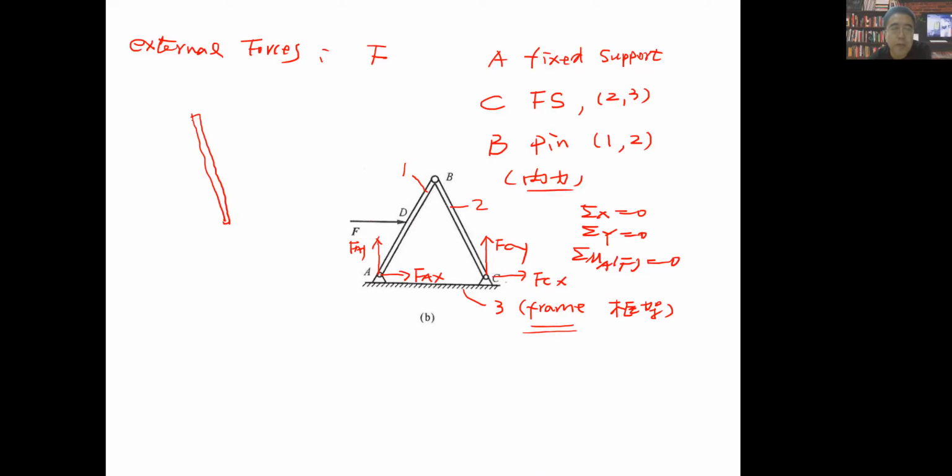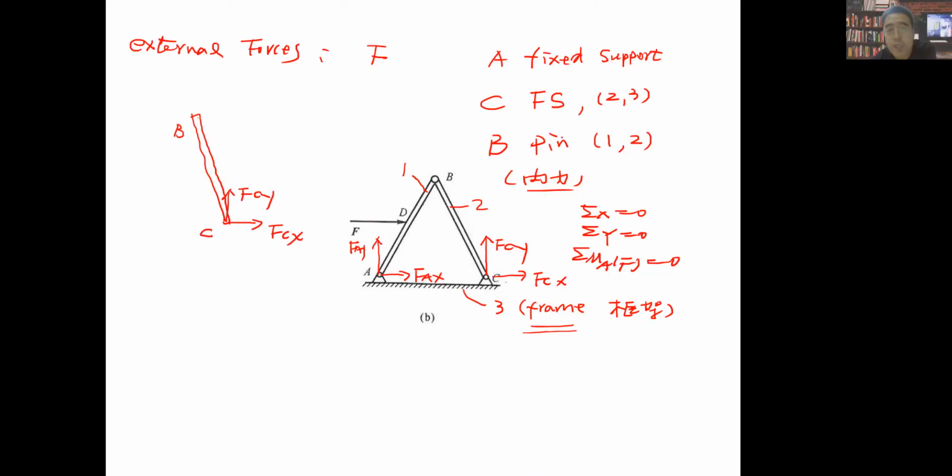But we should give the reaction forces according to the constraints. So actually, here it should have FCX and FCY at point C.